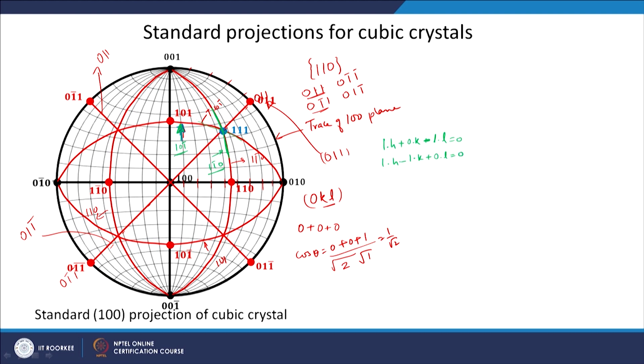So, the first equation becomes H minus L equal to 0 and the second equation becomes H minus K equal to 0. That means H is equal to L and also H is equal to K, that means H is equal to K is equal to L, that means all the 3 indices are the same.